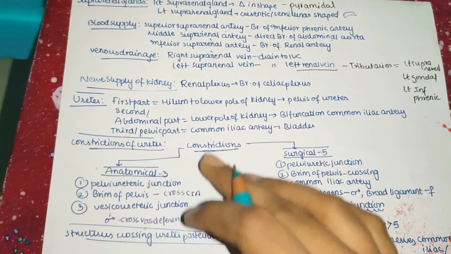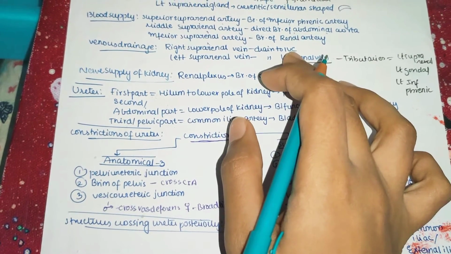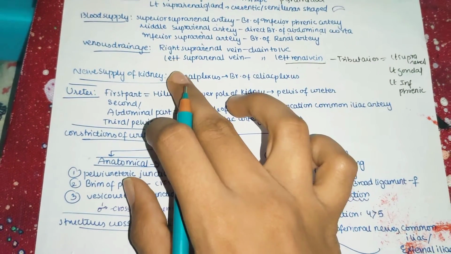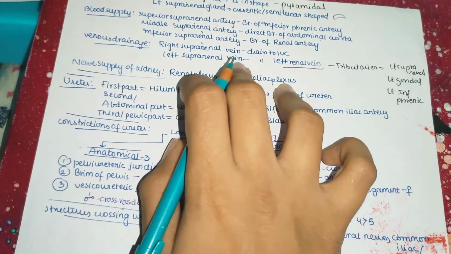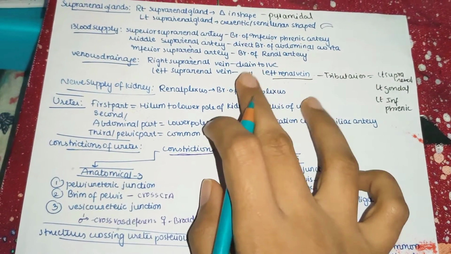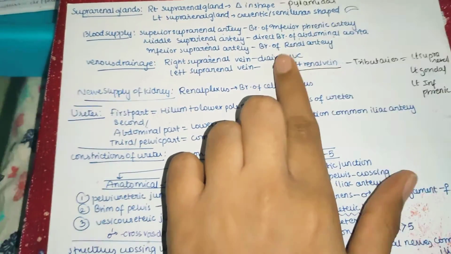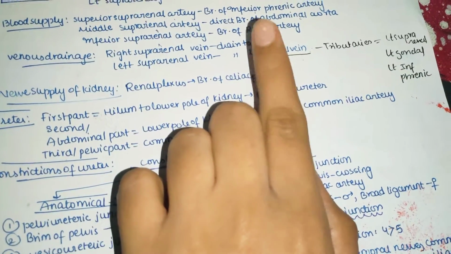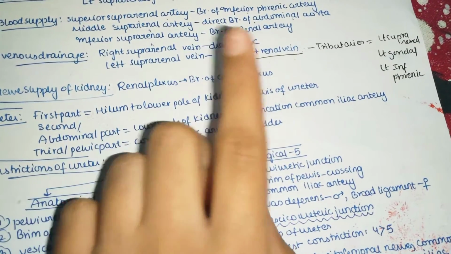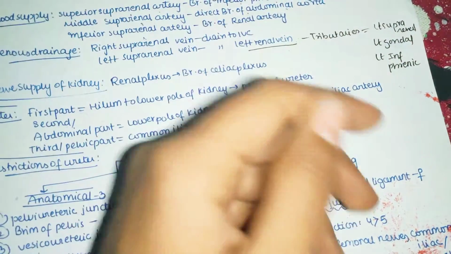Okay, so coming to venous drainage, the right suprarenal vein will drain directly into inferior vena cava, whereas the left suprarenal vein will also drain into IVC, but it will drain into the left renal vein. It will not directly drain into inferior vena cava. Indirectly it will drain. After that, it will drain into IVC.